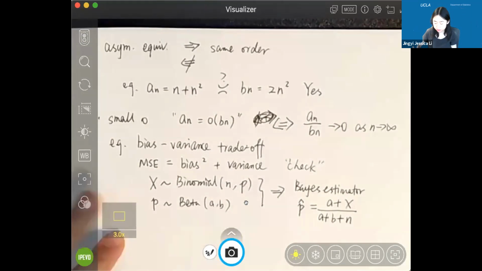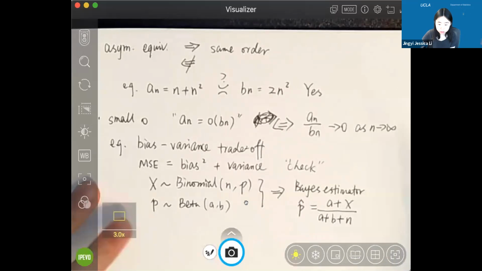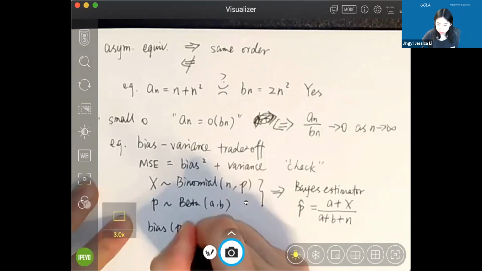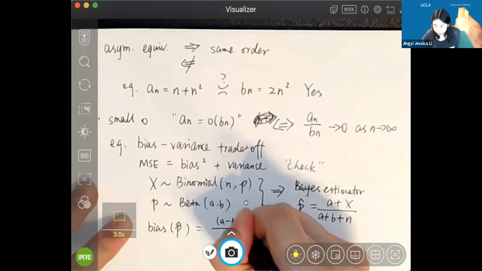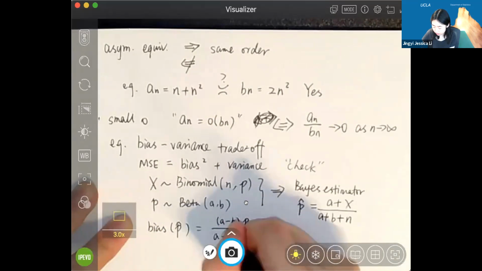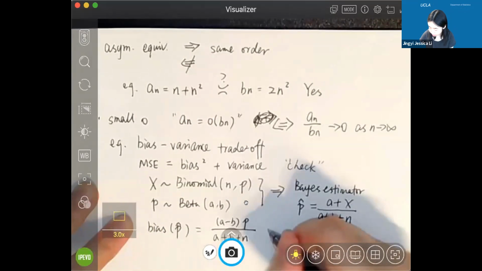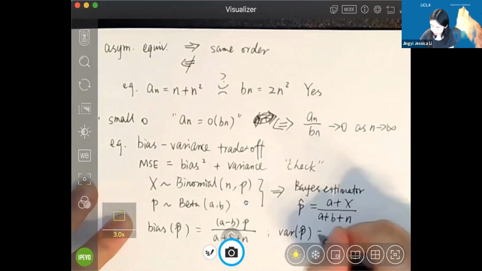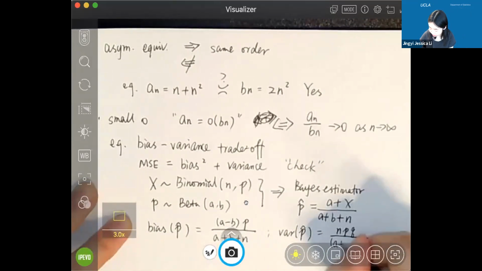What I want to talk about here is the bias and the variance of this estimator. I'm just going to write it down. The bias of this P hat has the form, you can check the notes for the detail, A minus B times P over A plus B plus N. That's the bias. And the variance of this P hat has the form N times P times Q divided by A plus B plus N squared.